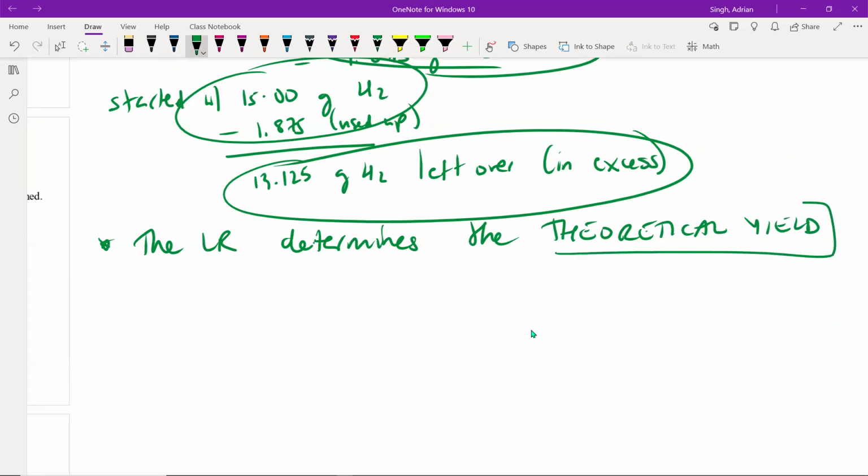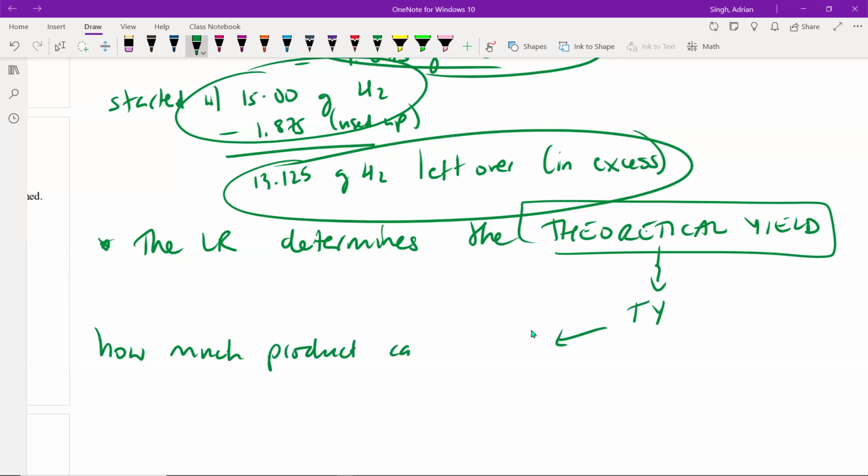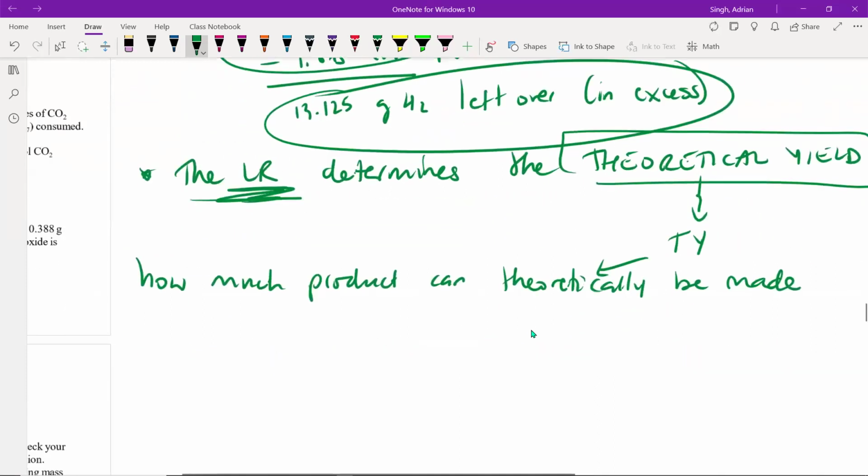And the theoretical yield, which you often abbreviate as TY, this is how much product can theoretically be made if everything worked out perfectly. Okay, and that's determined by the limiting reactant, whatever that reactant is.